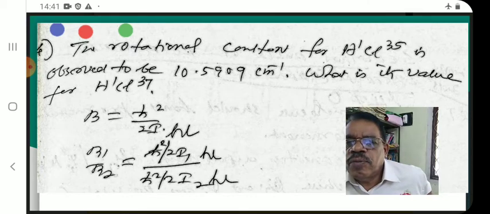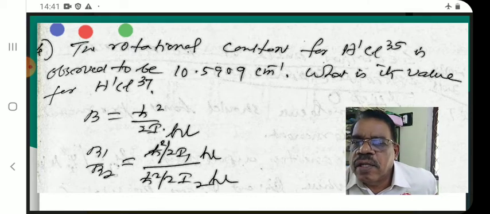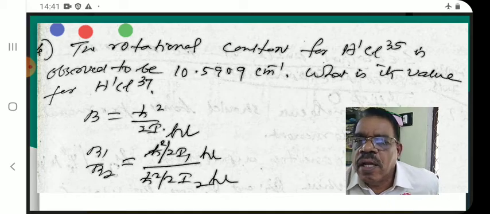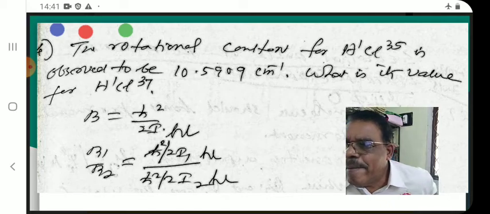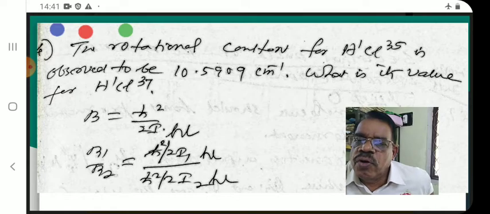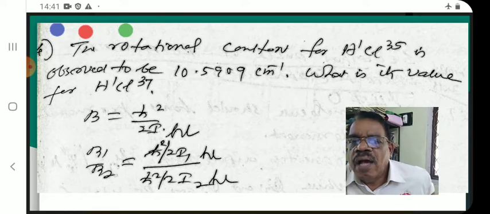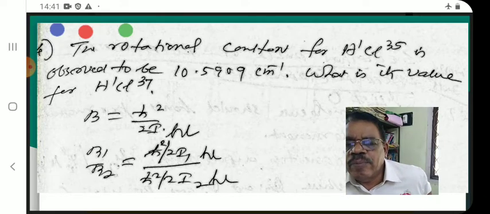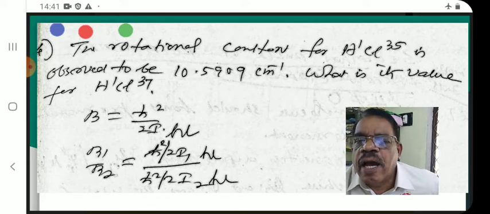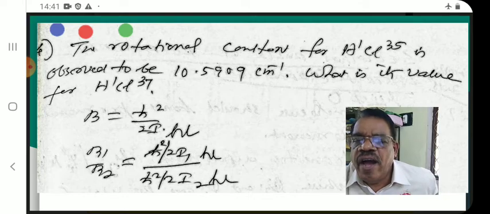So for both the molecules, we write the rotational constant. B is equal to, the general equation, rotational constant in centimeter raised to minus 1 or meter raised to minus 1, h cut square by 2IHC. So we write this equation for the first molecule by replacing I by I1, and also we write this expression for the second molecule by replacing I by I2, and we divide.